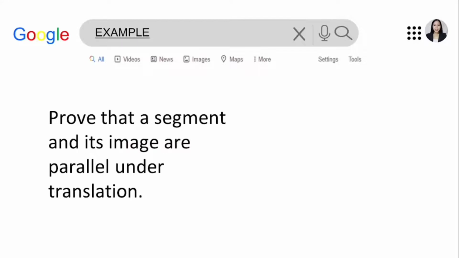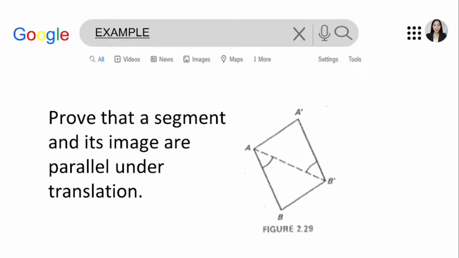Prove that a segment and its image are parallel under translation.